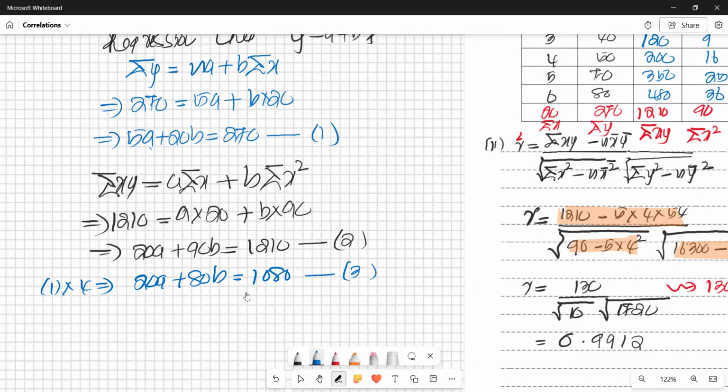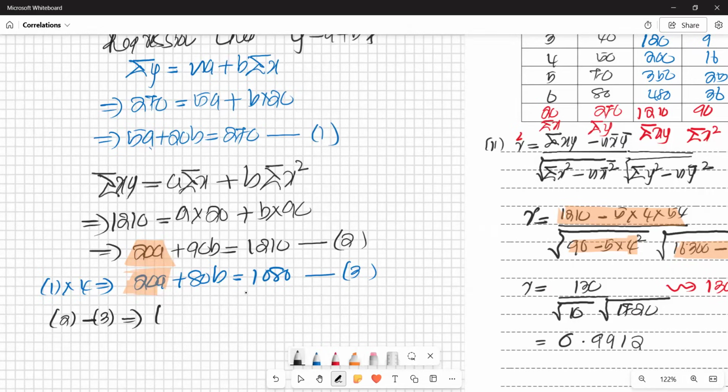Right. Now the a coefficients are equal. You can subtract. When you subtract, take the highest minus the smallest. From the second equation, subtract the third equation.